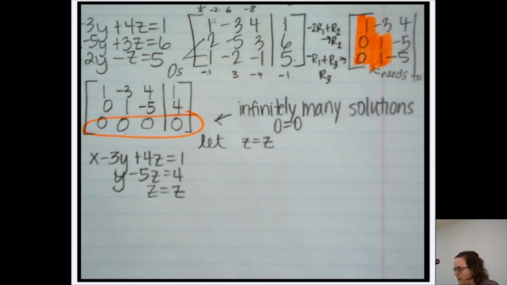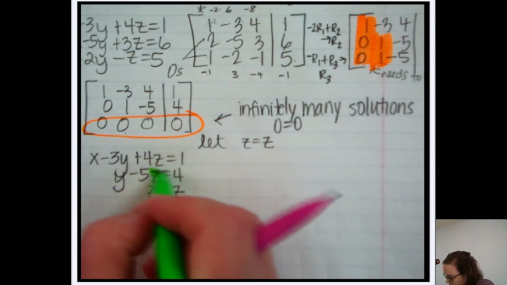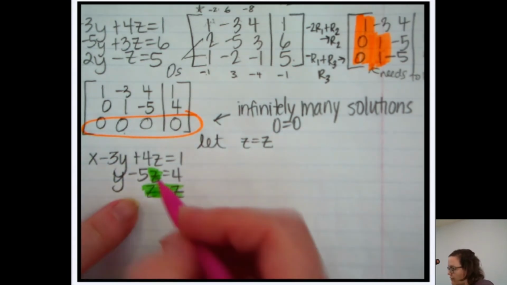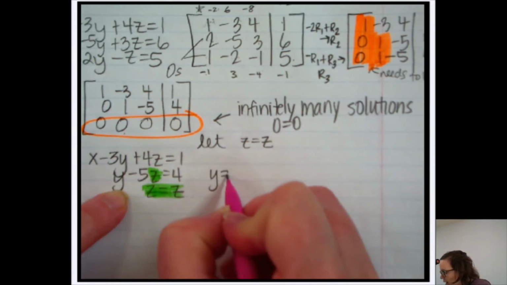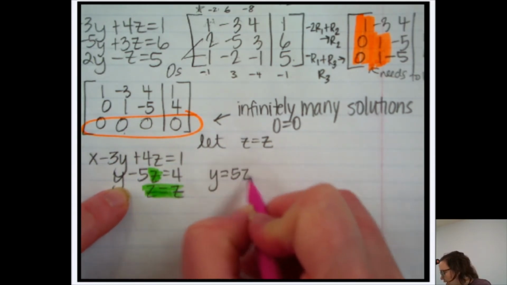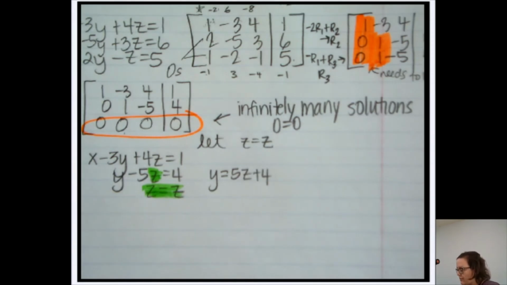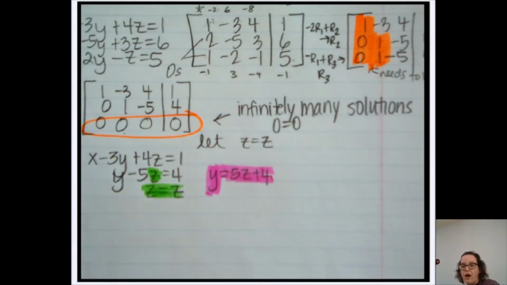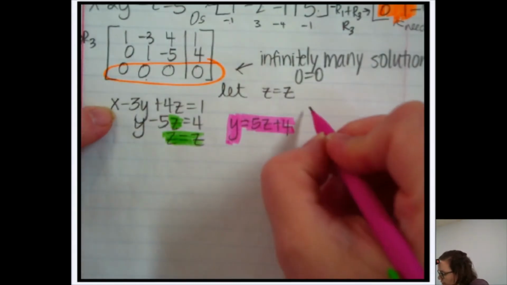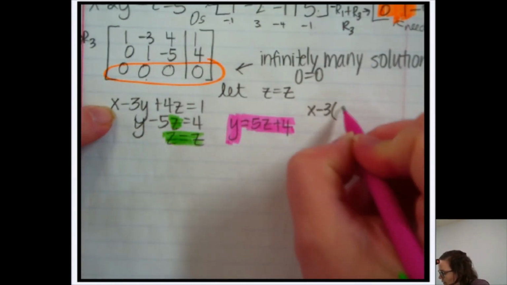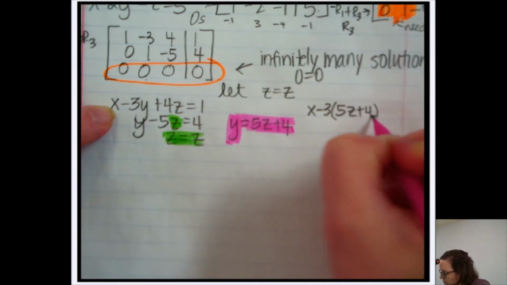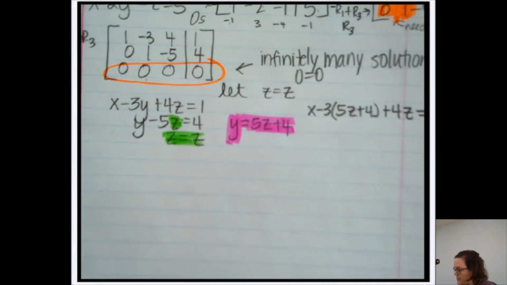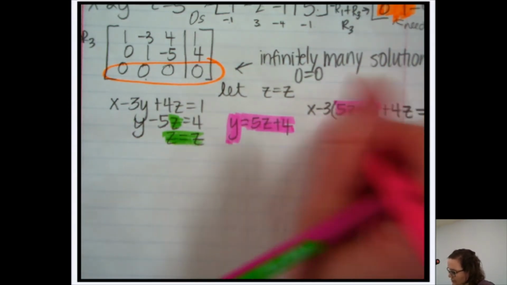So we're going to plug in for z, and we're going to get each letter by itself. Okay. So in this case, we know that y is equal to 5z plus 4. Okay, because we just got the y by itself. Then we go up to the top and we plug in. Okay, so what is y? Y is 5z plus 4. And then what is z? Well, z is just z. And then we need to simplify what this looks like.